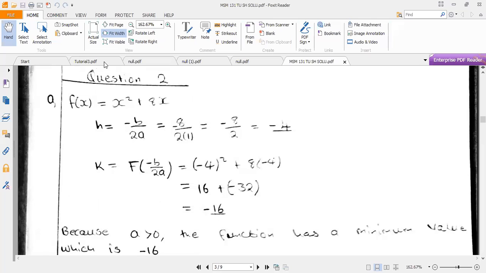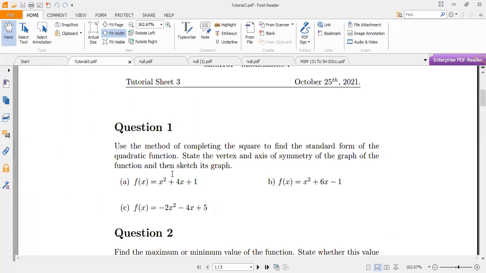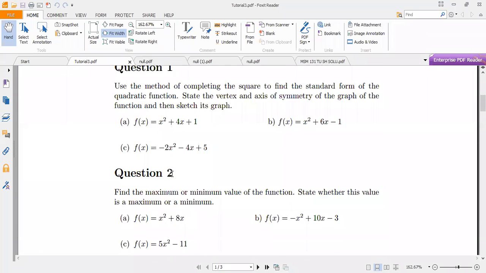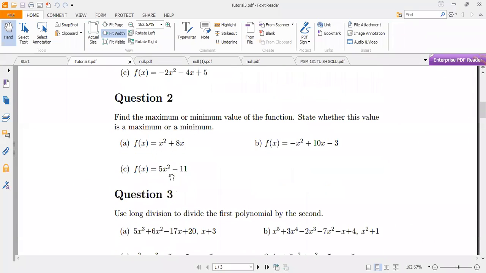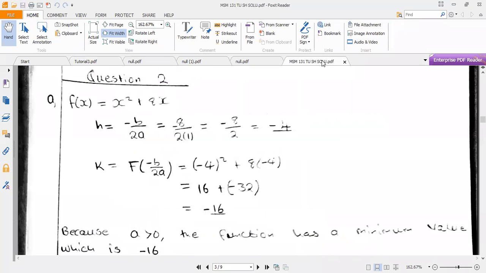Question 2 of our tutorial sheet is asking us to find the maximum or minimum value of the function, and state whether this value is a maximum or a minimum. How do we know whether this function has a maximum or a minimum value?